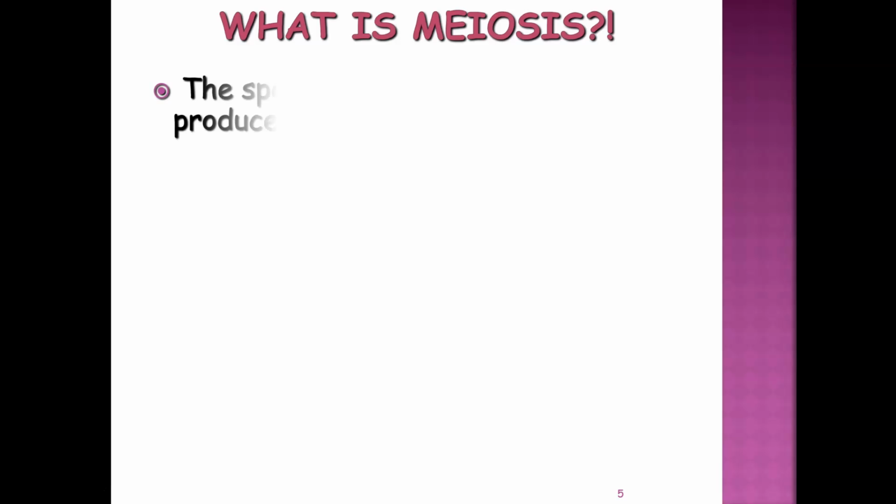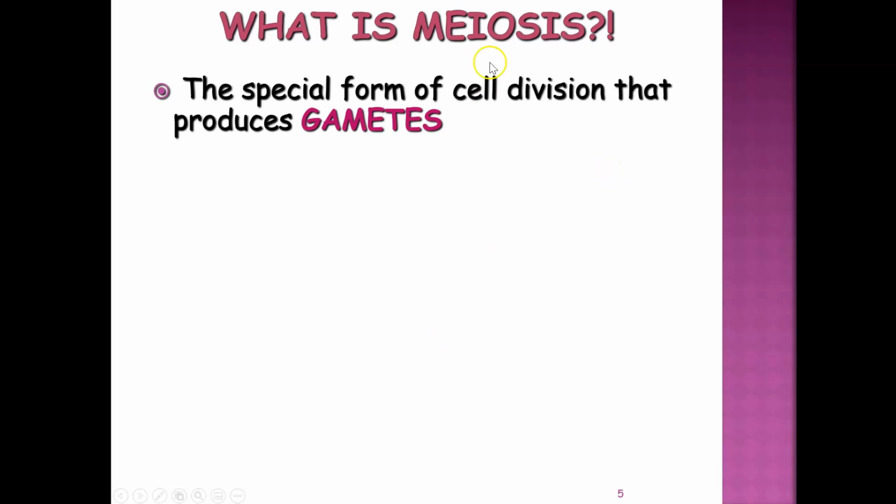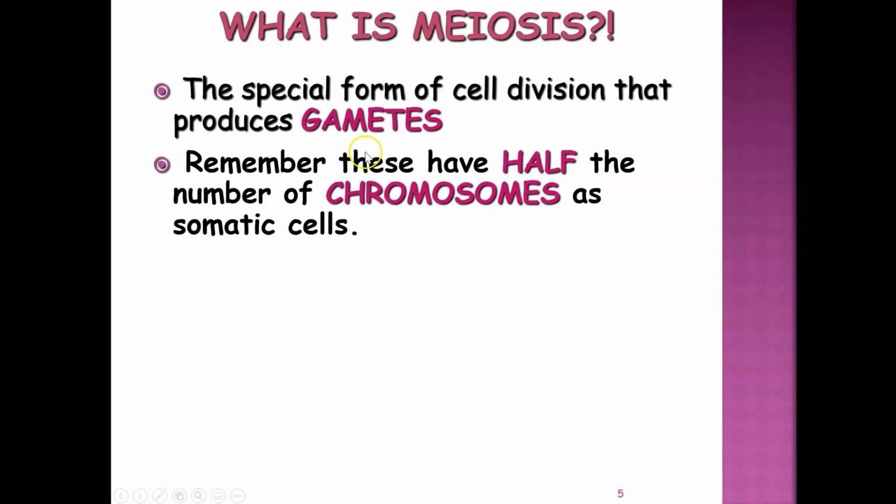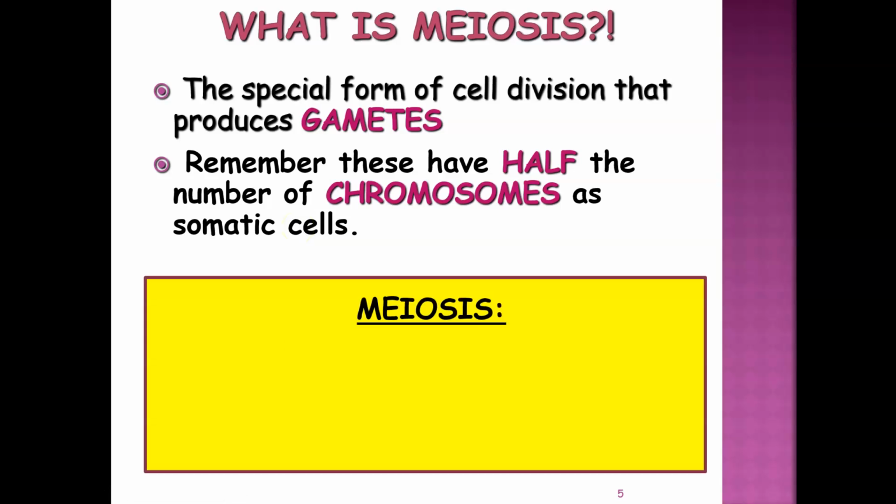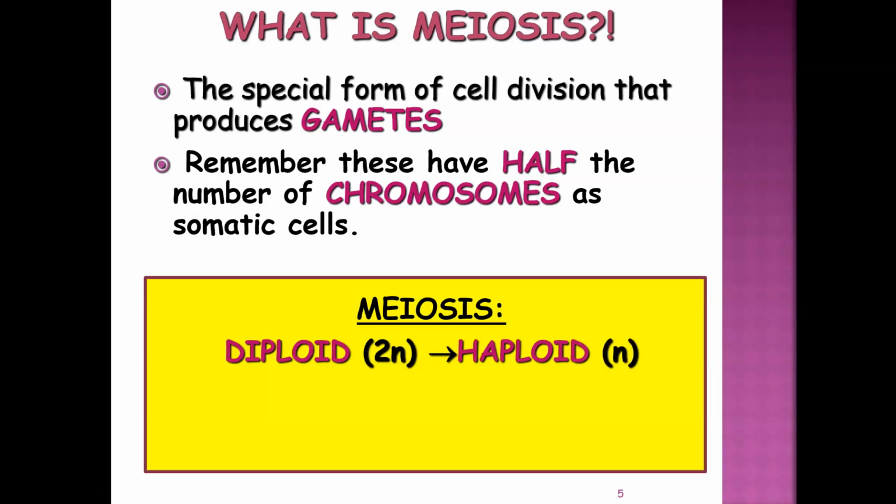So what is meiosis? It's a special form of cell division that produces gametes, also known as sex cells. Remember, these have half the number of chromosomes as regular somatic cells, or body cells. So in meiosis you start off with a diploid number, and the chromosome number is halved.